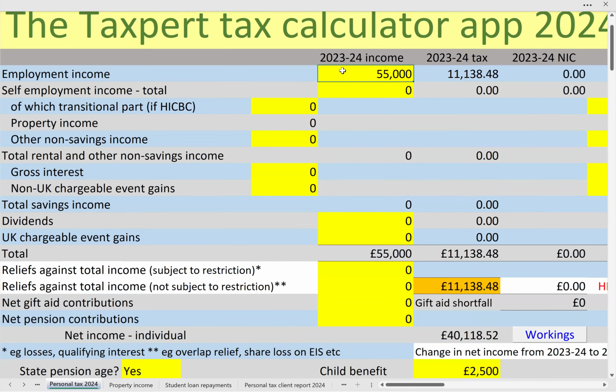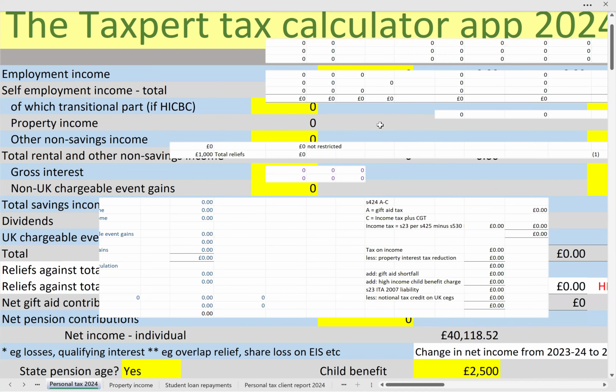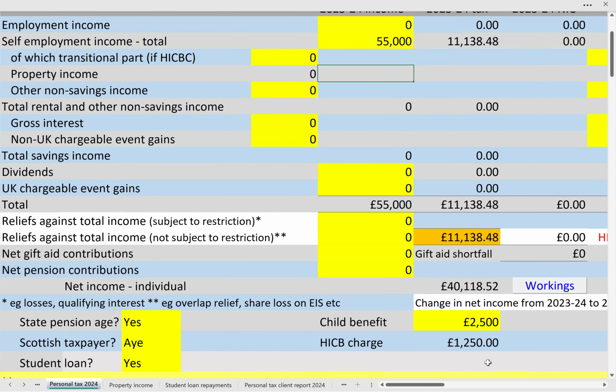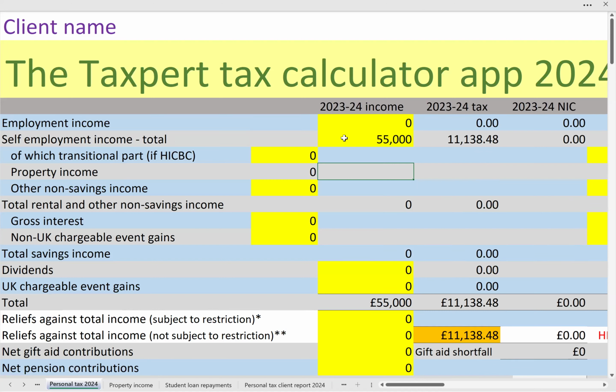Instead of employment income, though, let's suppose that was self-employment income of 55,000. And again, I've got the high income child benefit charge of 1,250. But of course, this year is the year 23/24, that is transitional for basis period reform.